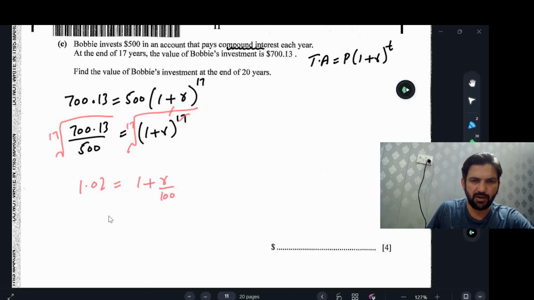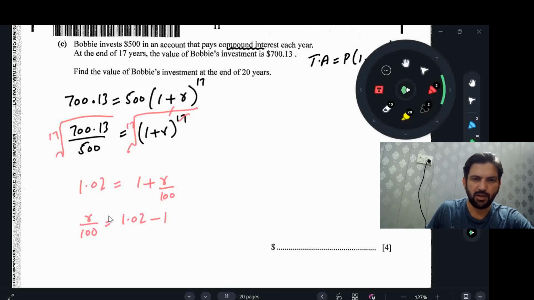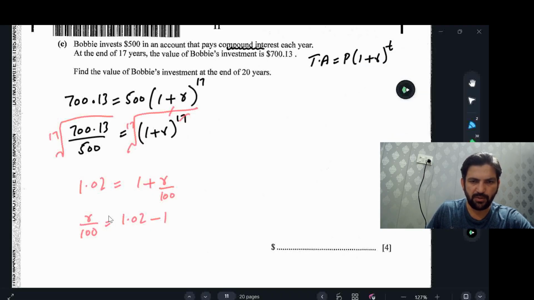So R divided by 100 will be equal to 1.02 minus 1, and then for the value of R we have to use R will be equal to 0.02 multiplied by 100.